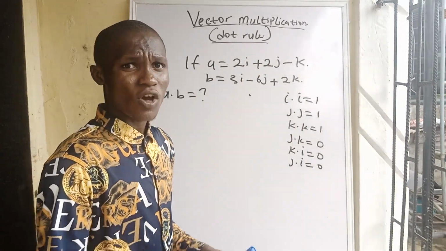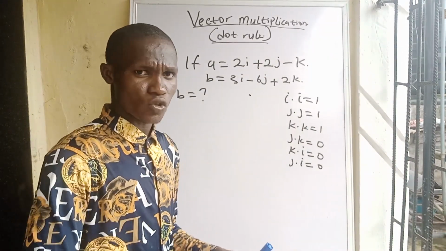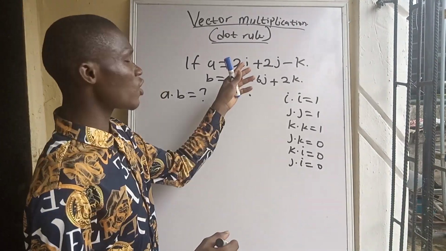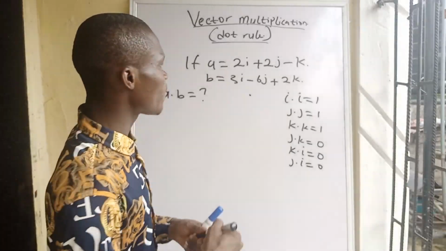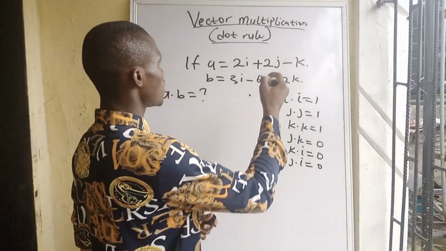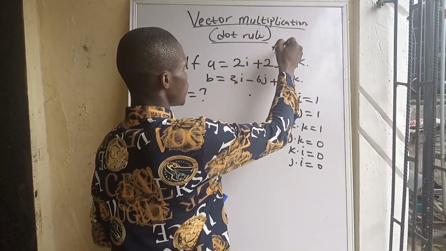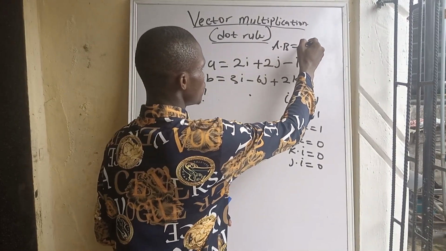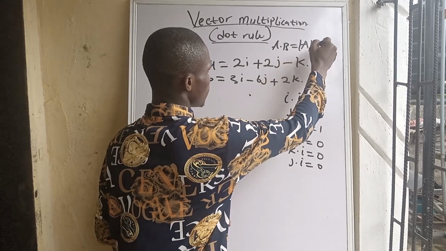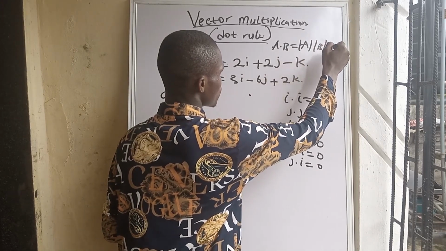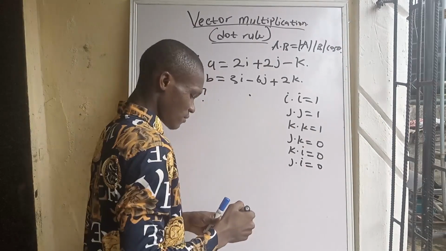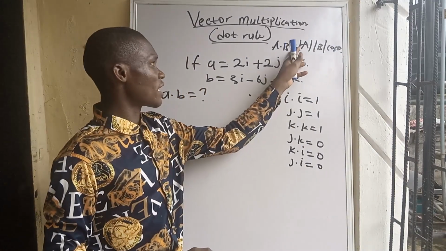So scalar can substitute dot. One of the dot rules for looking for an angle, if something is given to you like this, you can say a dot b is equal to the magnitude of a times the magnitude of b, multiplied by cos theta. So this is how you can get the angle.